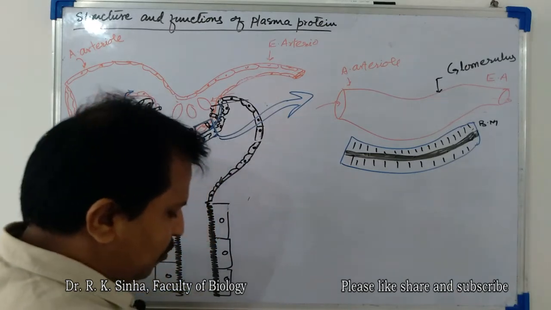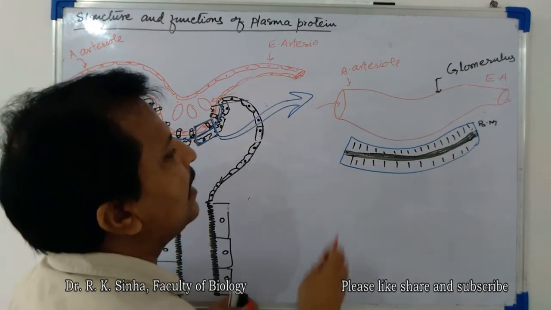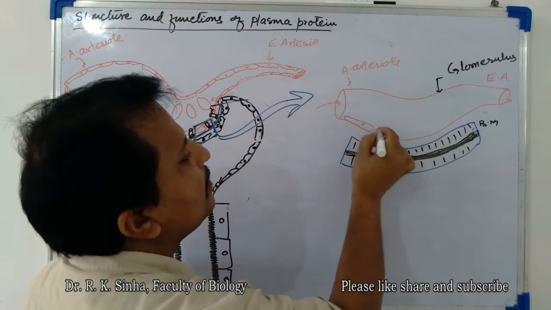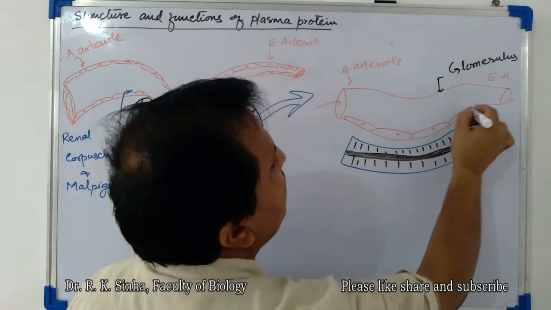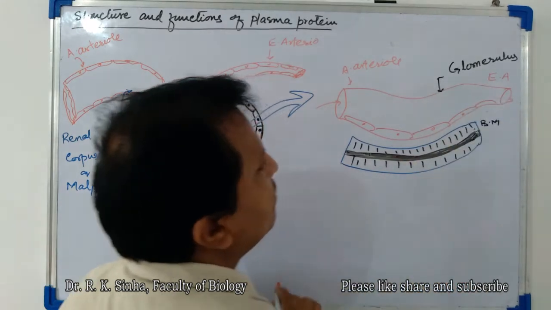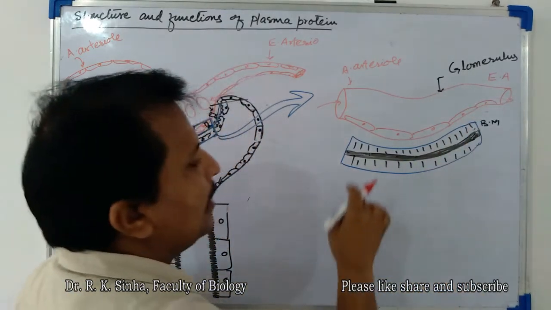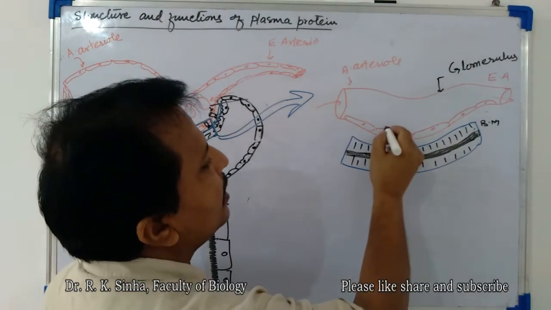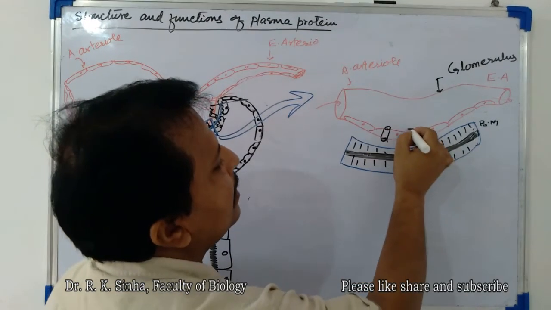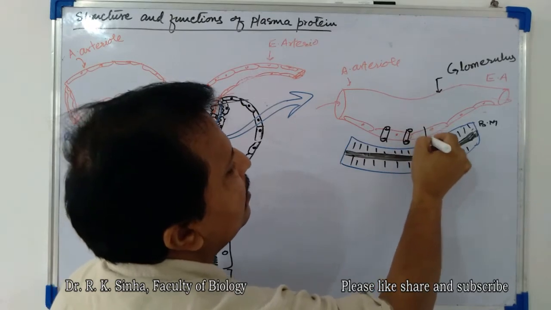As we know, this glomerulus is made up of squamous epithelium, and this squamous epithelium is highly perforated, meaning there are many pores in this region. These are perforations.